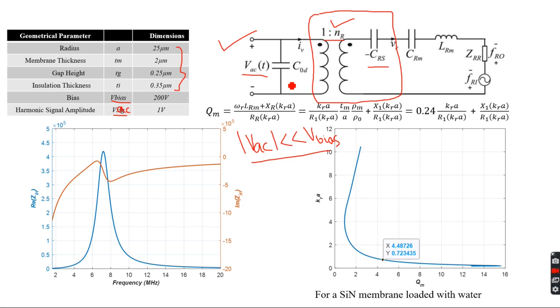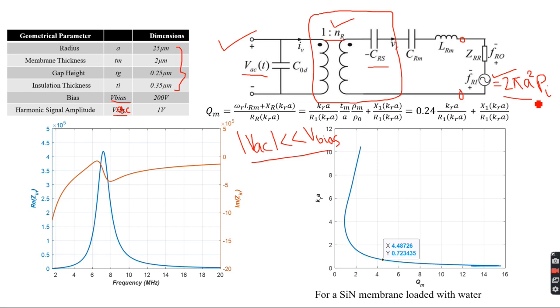It's a very small signal, maybe microvolts, millivolts, in response to the incoming force at the acoustic port of the model. Okay, so that's the acoustic port. You have the radiation resistance, and then you have the incoming ultrasound signal. Considering the rigid baffle, if a is the radius, then the force is twice pi a squared times the incoming pressure.